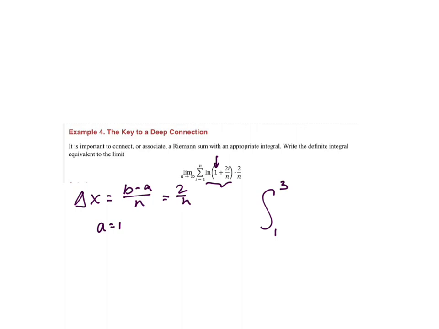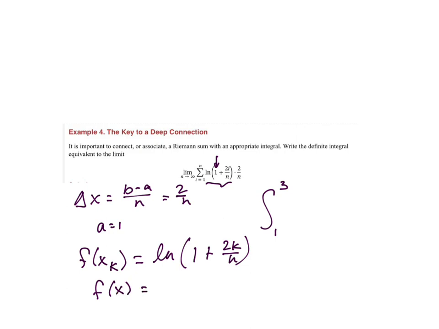That's the only way I subtract and get 2, starting at 1. It feels like f of x sub k here is the natural log of 1 plus 2k over n. Doesn't it? So what do you think f of x might be? Natural log of x. And dx on the outside. We got it right.